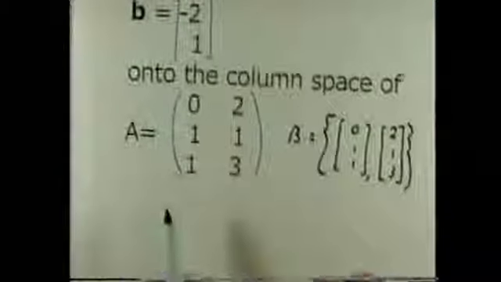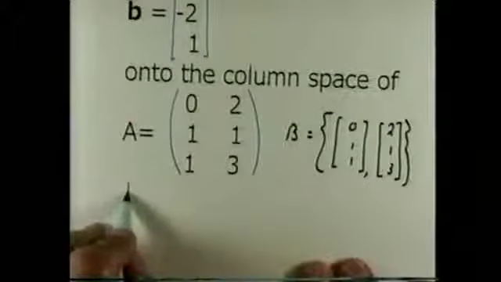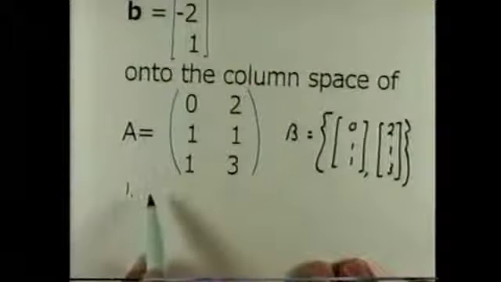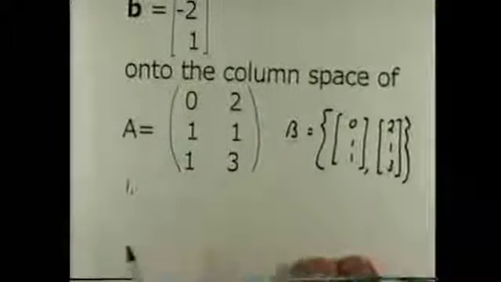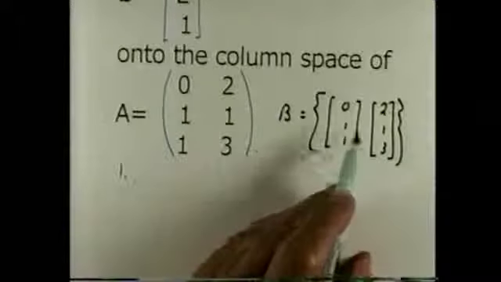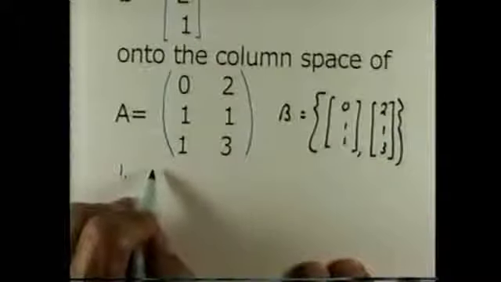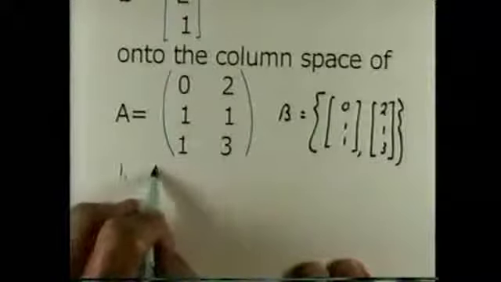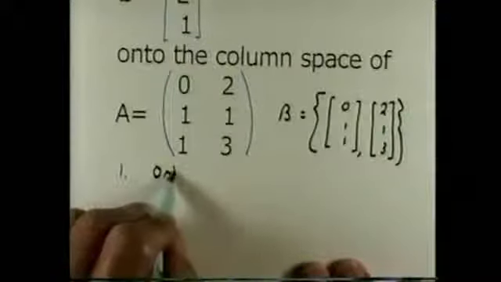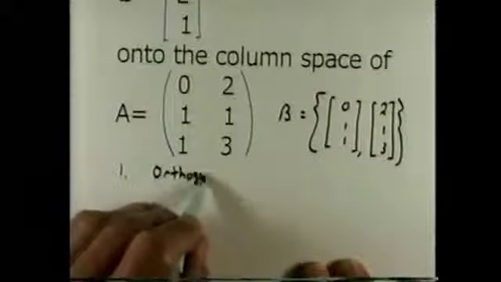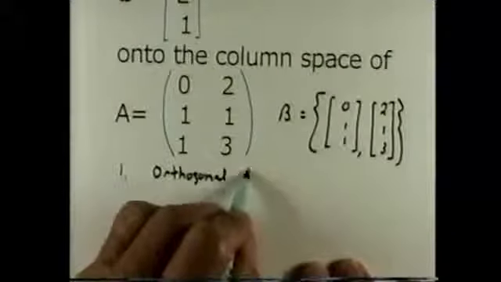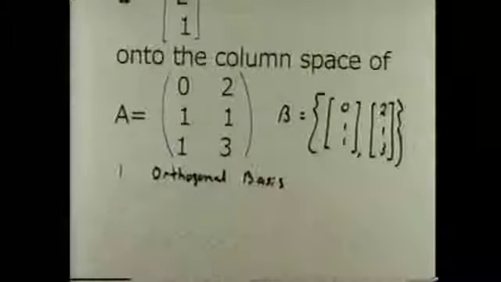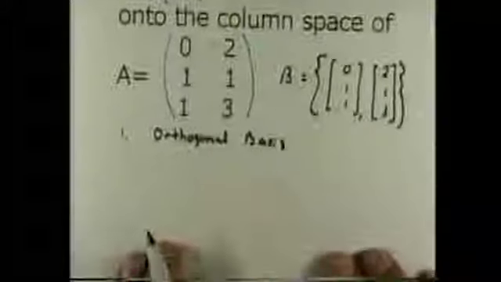Well, to make it orthonormal, the first step is to use the process in the last tape to find an orthogonal basis. So the first step is to get an orthogonal basis.